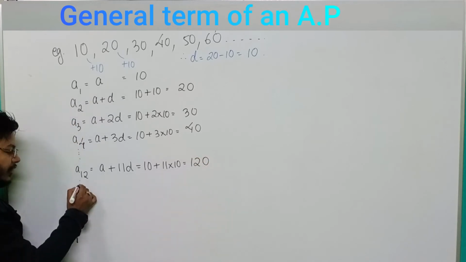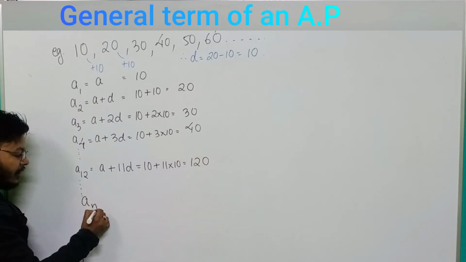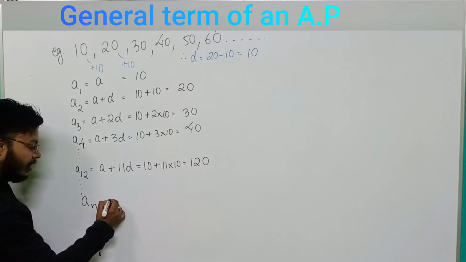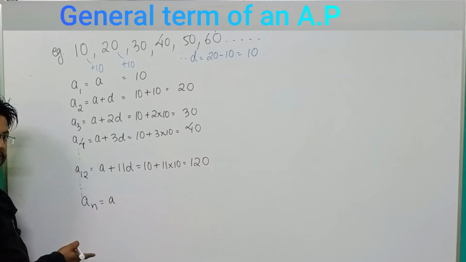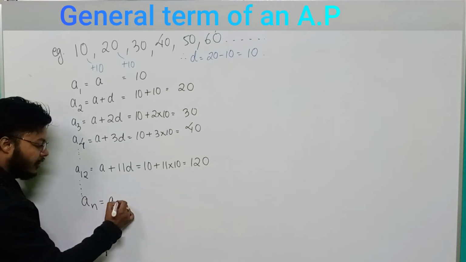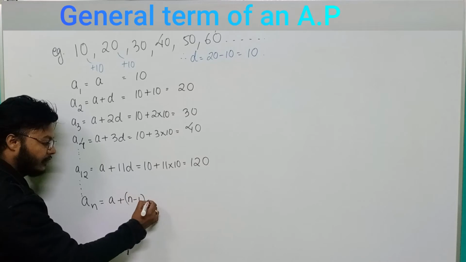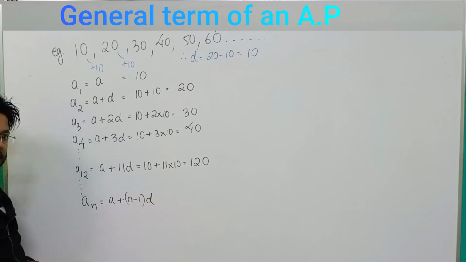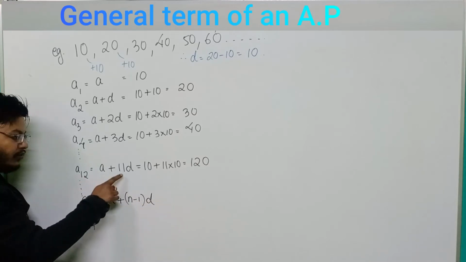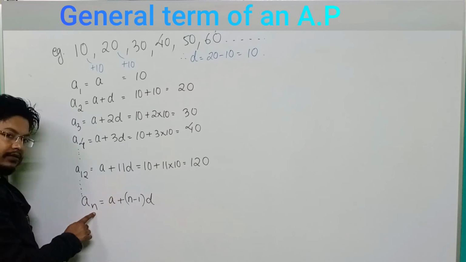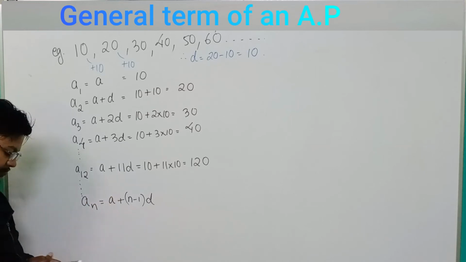So by this we can derive a formula. Let it be An. What will be the formula for An? An means nth term. So A plus, if it is n, that means this will be n minus 1, D. Yes or no? Got it dear students? See, 12 minus 1. If it is n, then it has to be n minus 1.